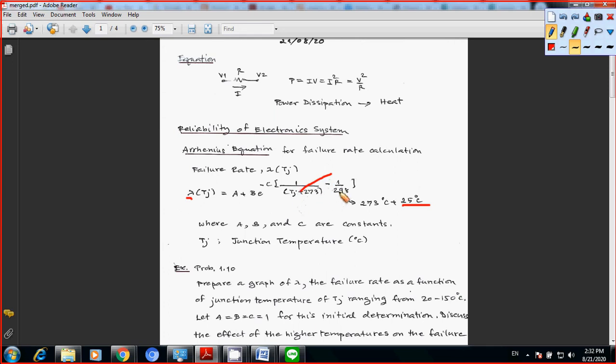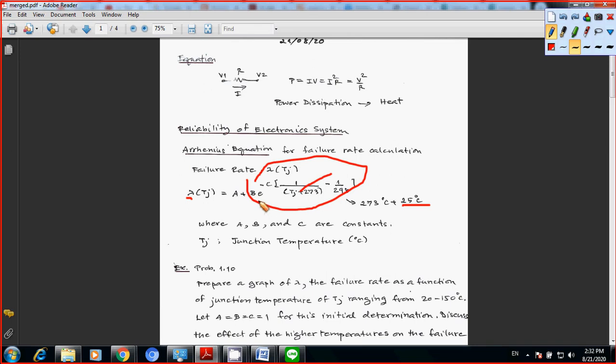So you're talking about like 1000 degrees Celsius, or 2000, whatever. So you end up with exponential of a positive number, right? Because minus and minus makes plus. So this whole term is very small.